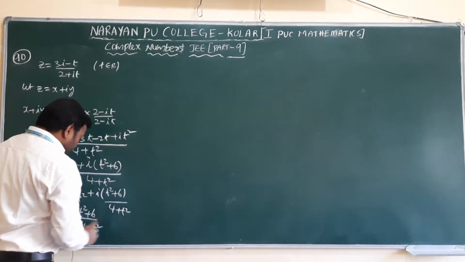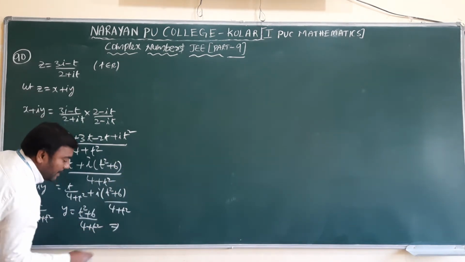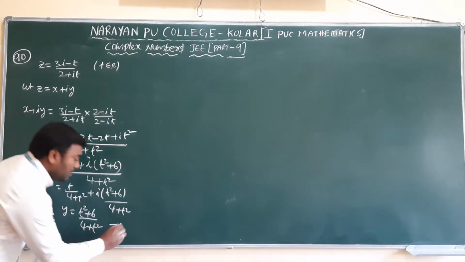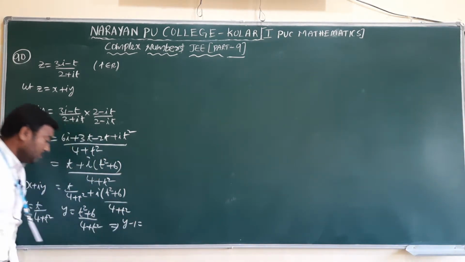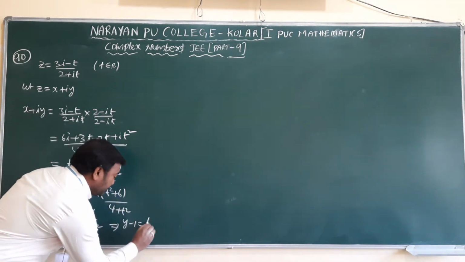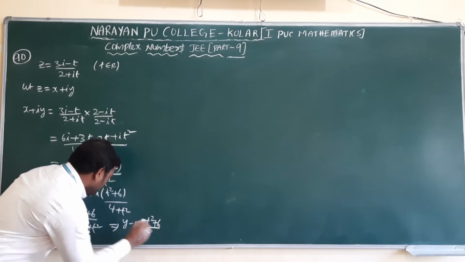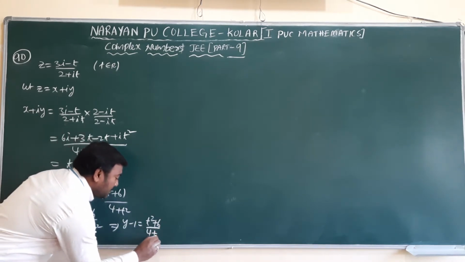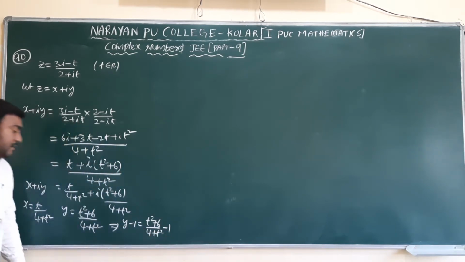Here we also have to find the value of y minus 1, we need this value. So y minus 1 is equal to t square plus 6 by 4 plus t square minus 1.